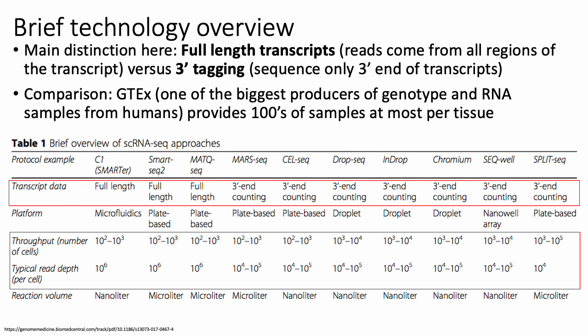Whereas with single-cell based assays, you can sequence 100,000 cells all in one experiment. And so the scale of the data that comes out of single-cell assays is orders of magnitude more than bulk samples.